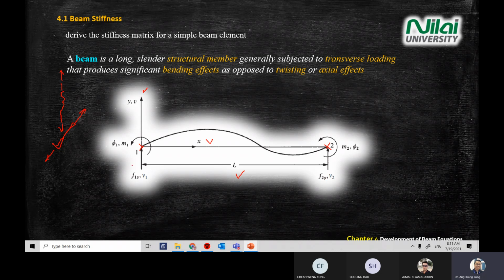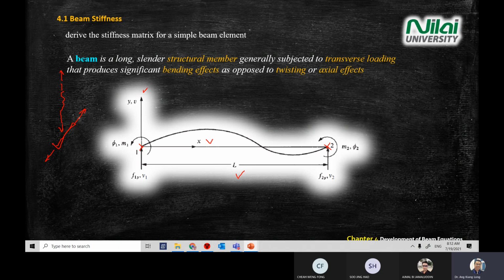Since we have a force in the y direction, we will have a displacement in the y direction because you push along the y-axis. So your displacement will be v. So for beam, you use v instead of u.